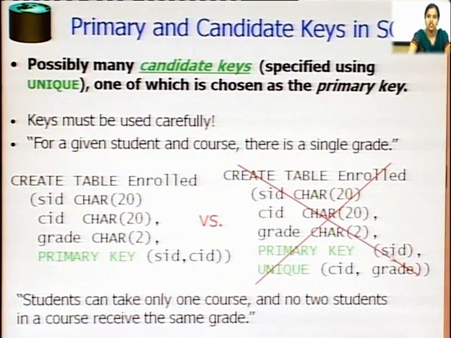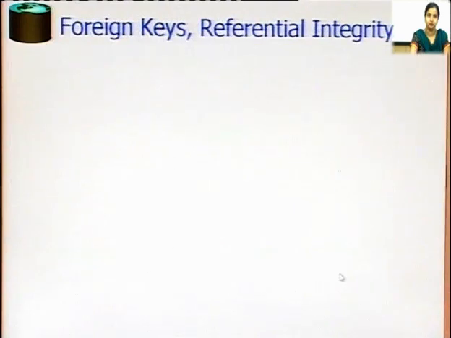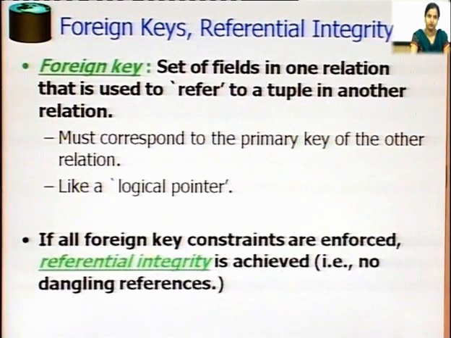Because no student could then be enrolled in the same course. So we have to describe the CID, student ID, and the course ID together as a primary key rather than making it a candidate key. So this is the concept of foreign key.